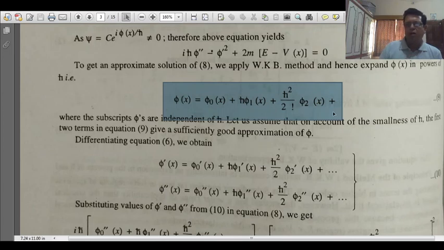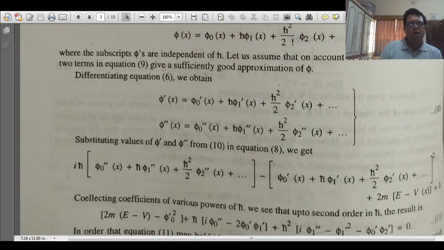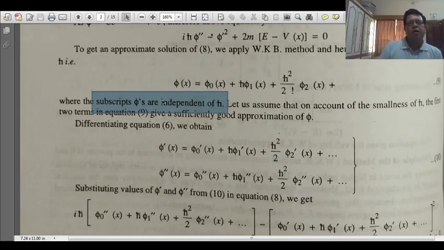So you remember this expression, it is necessary, where the subscripted phi's are independent of h cut. It is a very important condition and should be remembered. Now suppose we assume smallness of h cut.